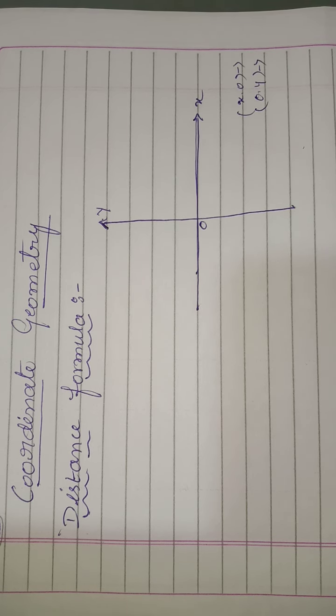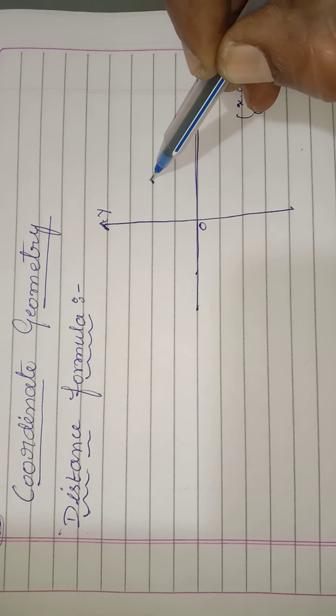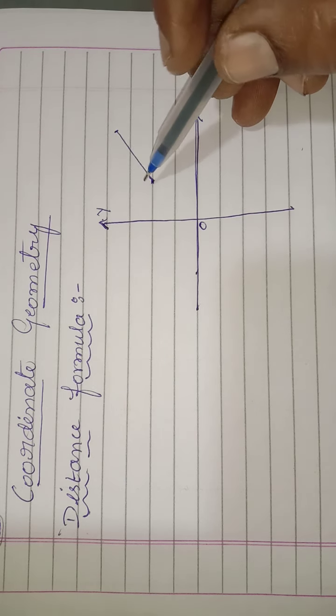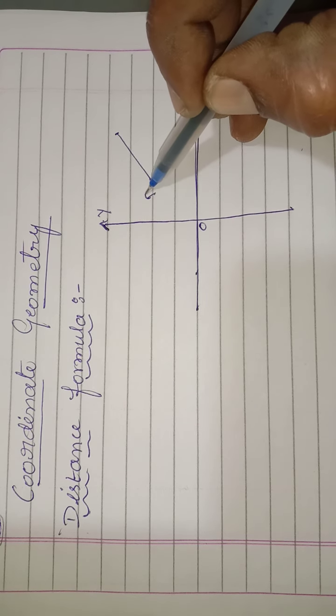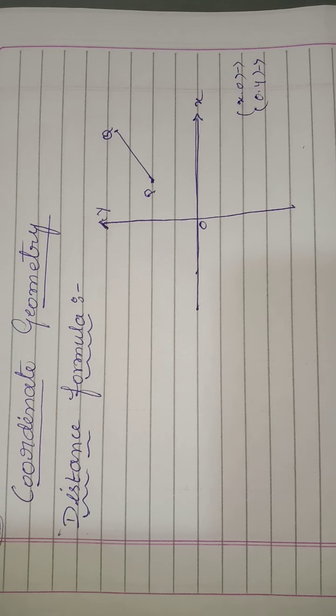Now I have to find the distance between any two points on the plane, or the distance between two cities, for example A and B. How do we find the distance between them?